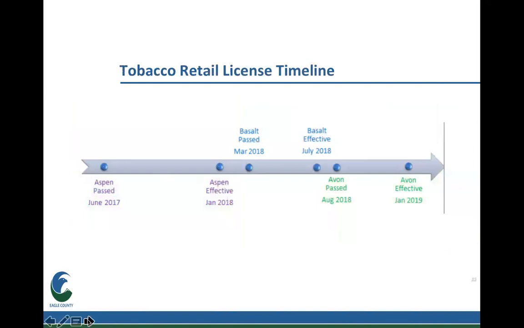So here's a timeline just to give a snapshot of how this effort has moved along. Aspen passed their ordinance in June of 2017 to take effect on January 1st of 2018. And it was shortly after that Basalt passed March 2018, went into effect July of last year, and then Avon was in process at that point, passed in August, and took effect January of this year.